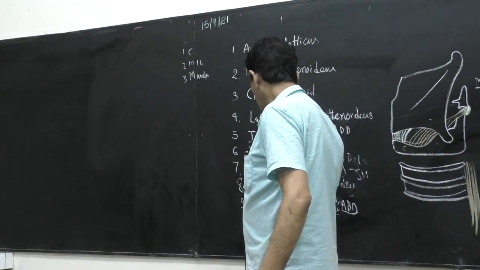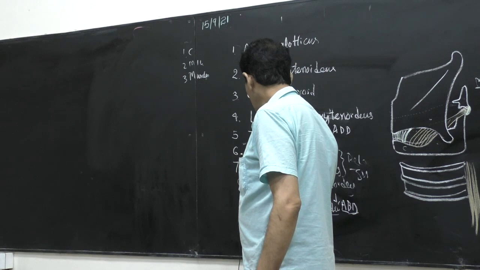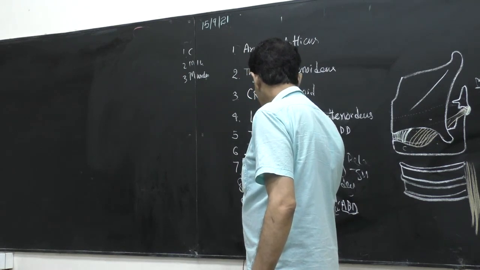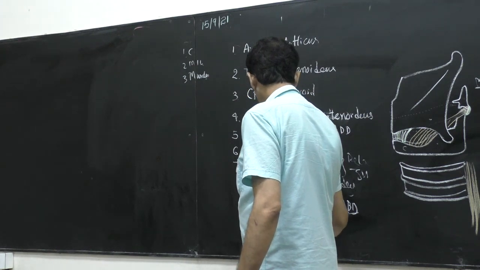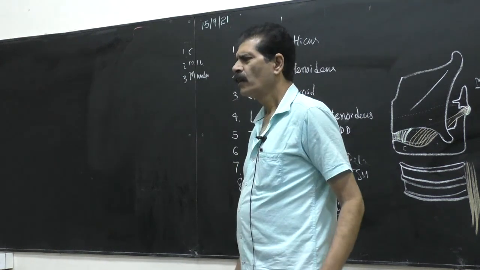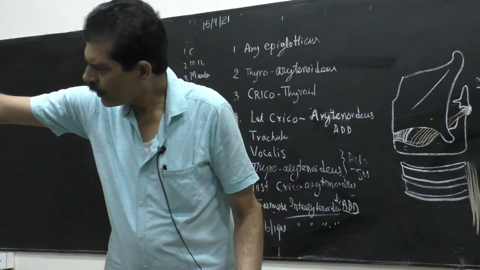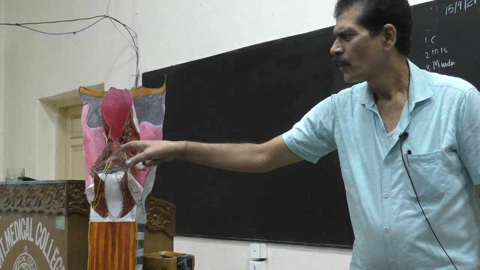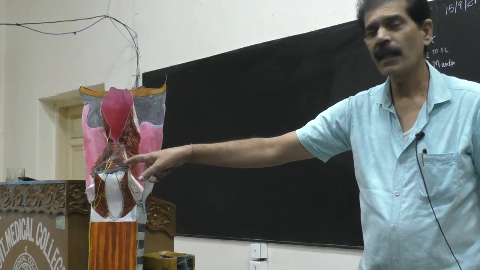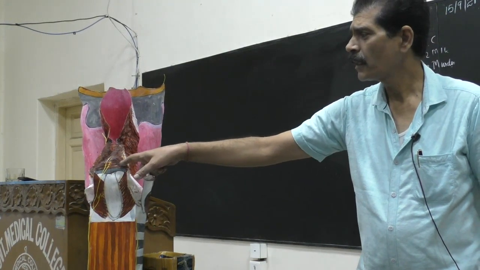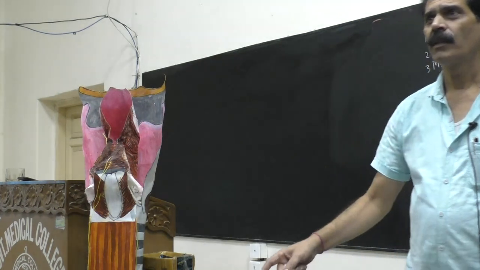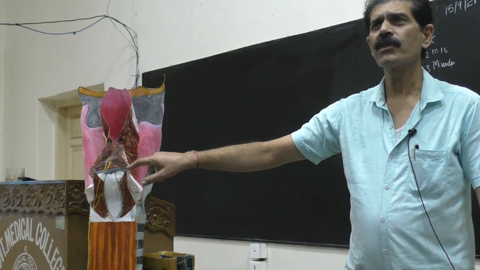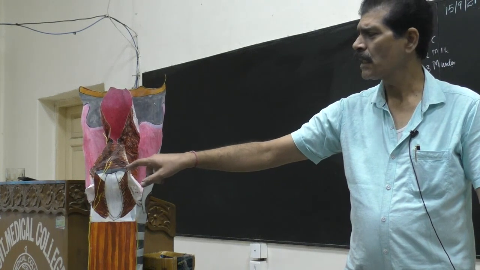The last muscle is the oblique interarytenoideus. You can see these crossing muscle fibers. So crossing muscle fibers are called the oblique interarytenoideus. These muscles take origin from the muscular process of one arytenoid cartilage.